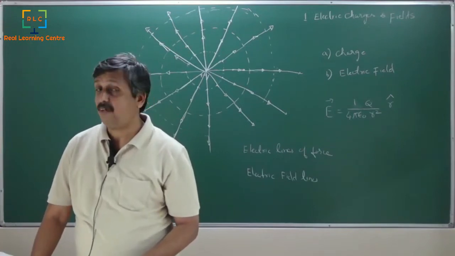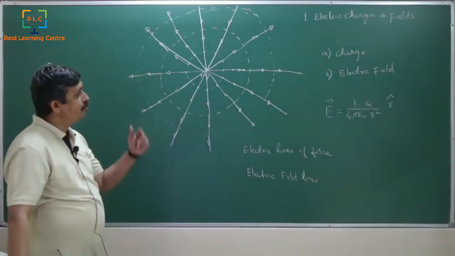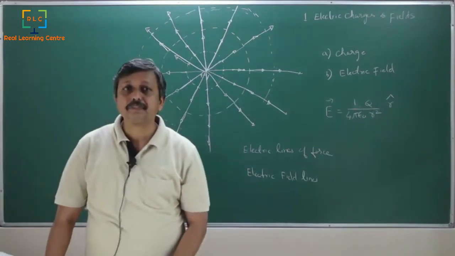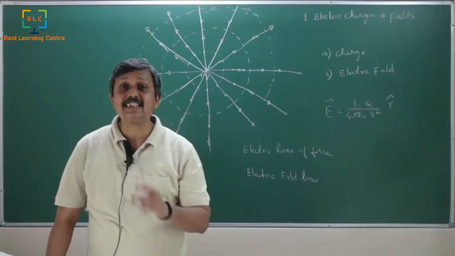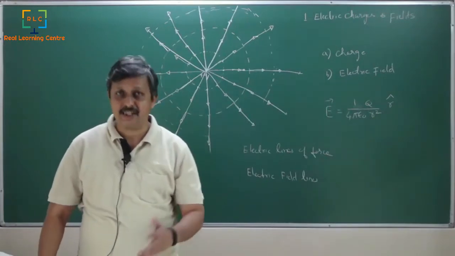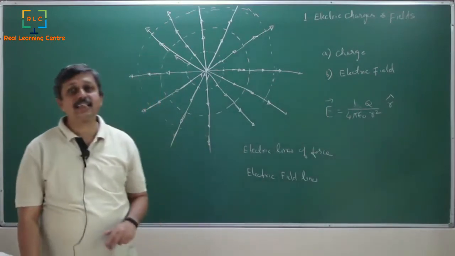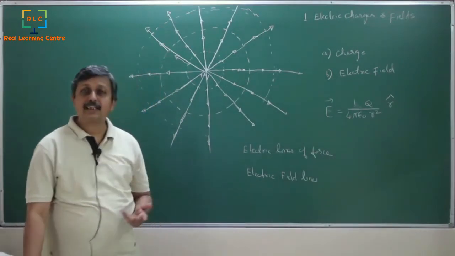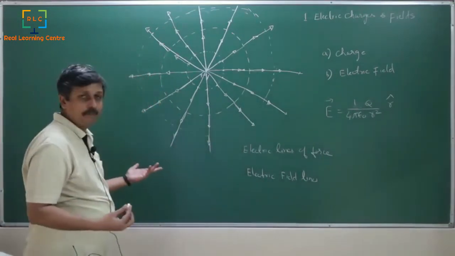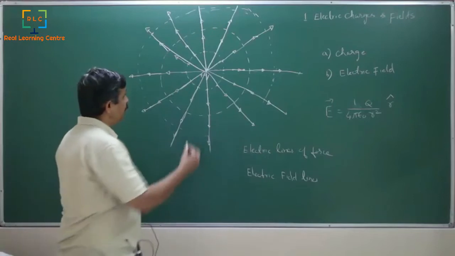But Faraday was clever. He says that you have not lost the information. What you have to do is this: wherever there is a higher density of these lines, there the magnitude is higher. And wherever there is a lower density of these lines, there the magnitude is lower. What do I mean? For example, you take this part.